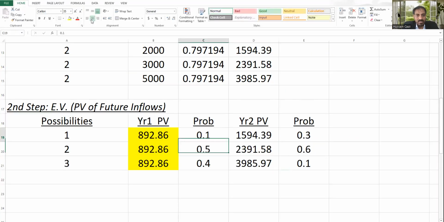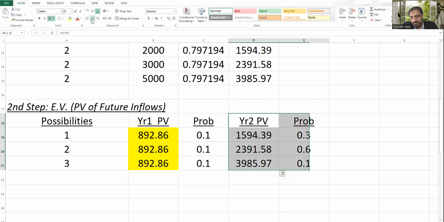I'm sorry, 0.1, 0.1, 0.1, sorry. So the first possibility is the 10%. If year 1 cash flow having the present value 892.6 having the probability of the 10%, there are 3 chances of year 2.